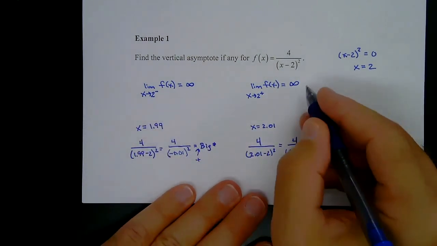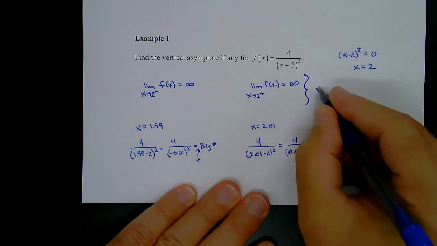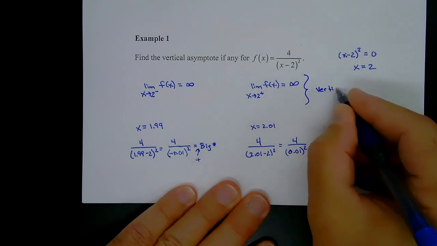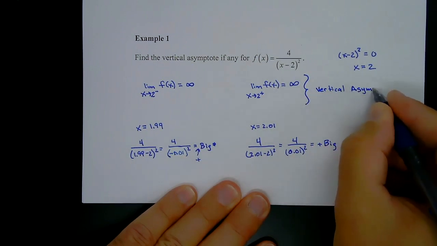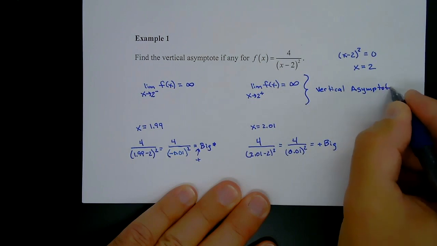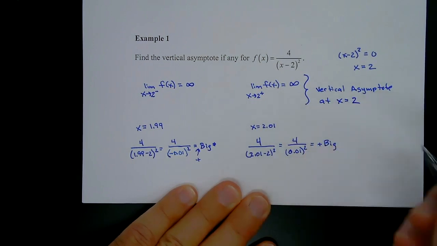So because of these right here, there's a vertical asymptote at x is equal to 2.